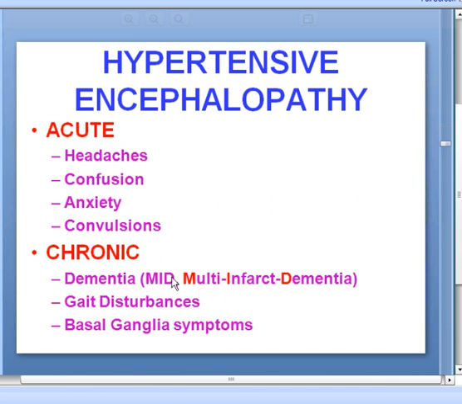And believe it or not, multi-infarct dementia is the second most common cause of senility after Alzheimer's disease. But in general, a person with a hypertensive encephalopathy, let's say they have a bunch of lacunar infarcts or slit hemorrhages, they generally are going to have very non-specific findings like headaches, confusion, anxiety, convulsions, in that general order of increasing severity.